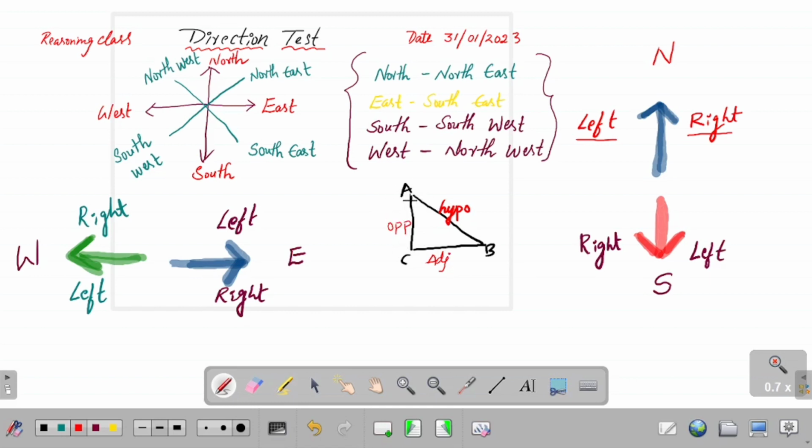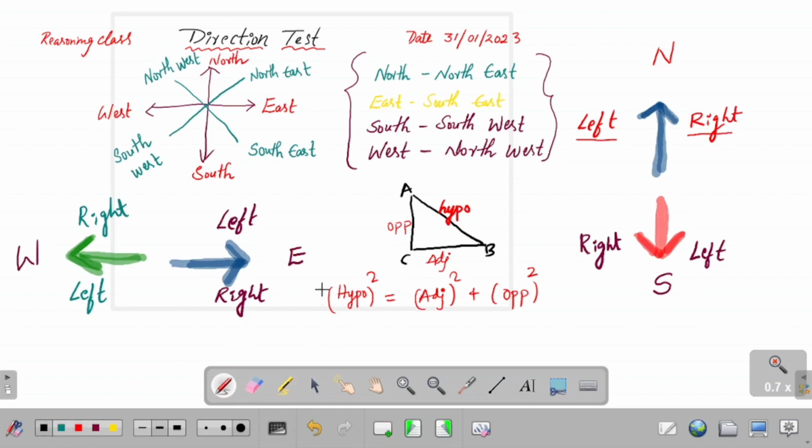Hypotenuse square equals adjacent side square plus opposite side square. Now I am writing it in terms of ABC.